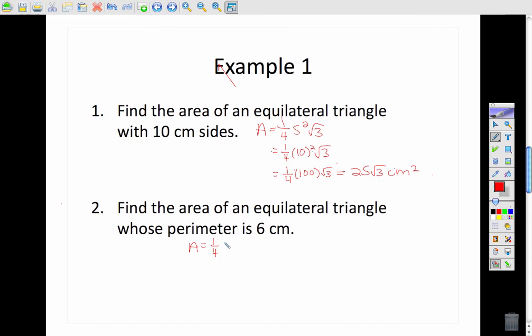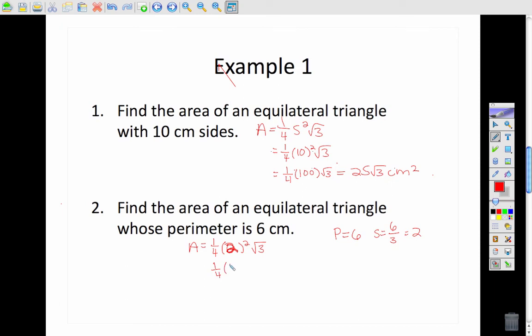1/4 times s squared. So we have the perimeter on this one is 6. So our side length would be 6 divided by 3, which is just 2. So we go ahead over here and we're going to plug that in. So we're going to put a 2 there, squared times the square root of 3.